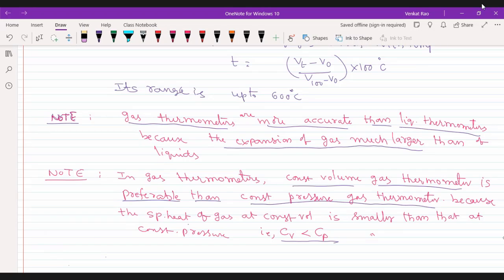So melting point varies with pressure, boiling point varies with pressure, and for certain materials, boiling point will be less than melting point. Then what will happen? The substance melts and, even without staying in the liquid state, since the boiling point is less than melting point, immediately it vaporizes.